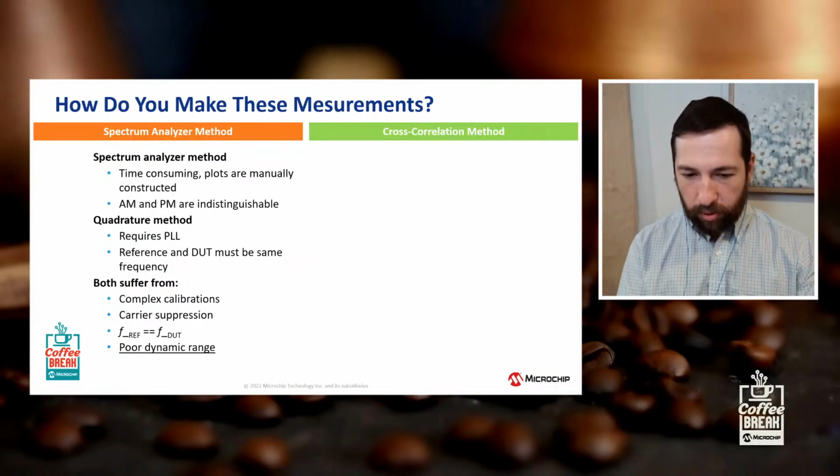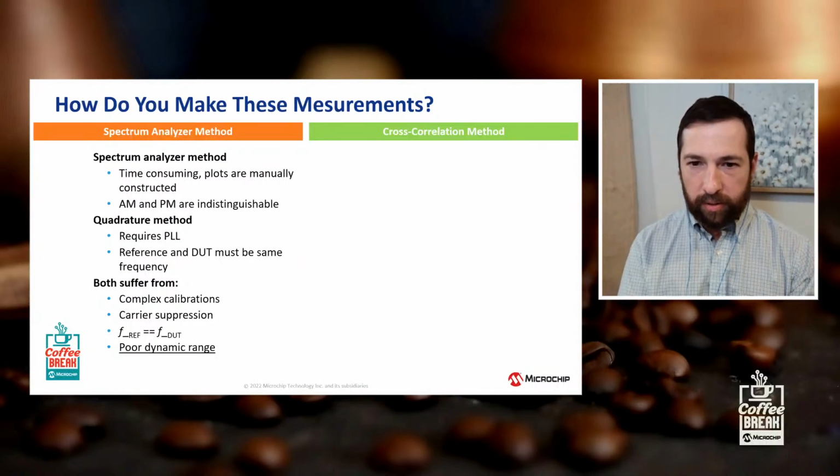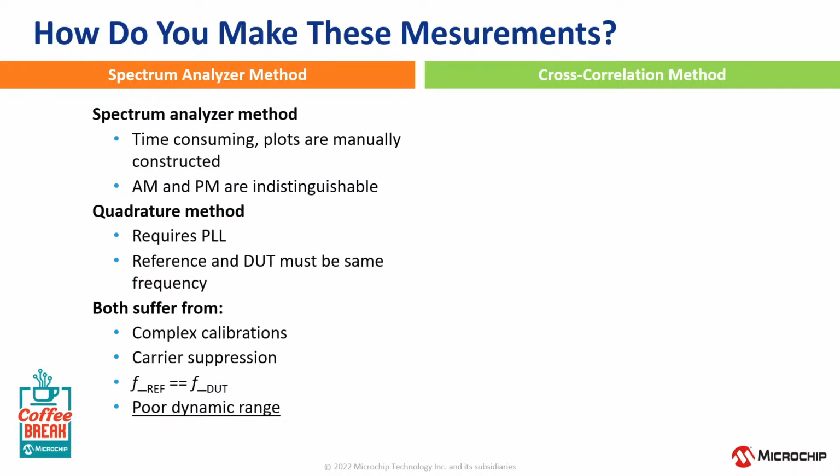Yeah, so the most common approach is to use a spectrum analyzer because it's ubiquitous. It's in almost every research lab, university. Everyone's got a spectrum analyzer to look at RF signals and see what's happening. So oftentimes people will try to measure phase noise on these with a spectrum analyzer, but there are some drawbacks.